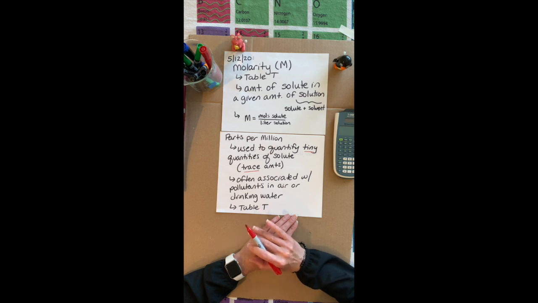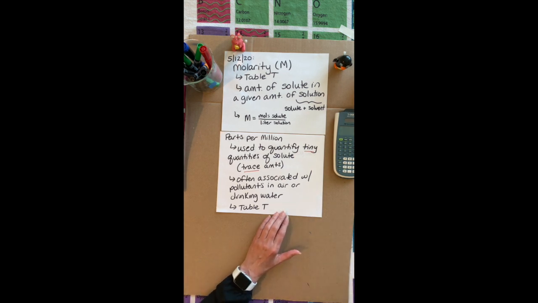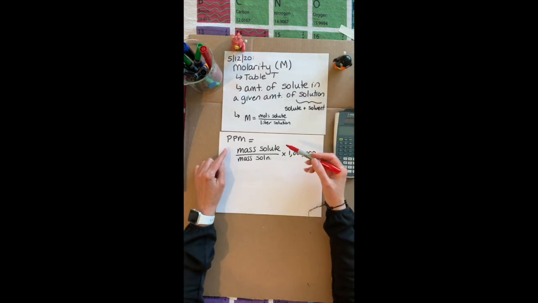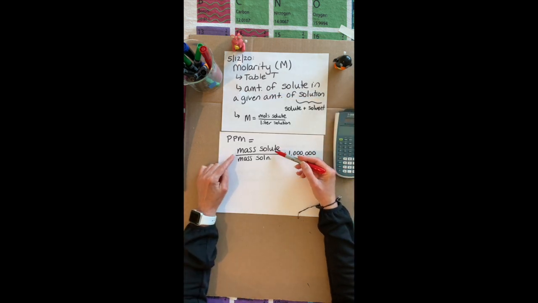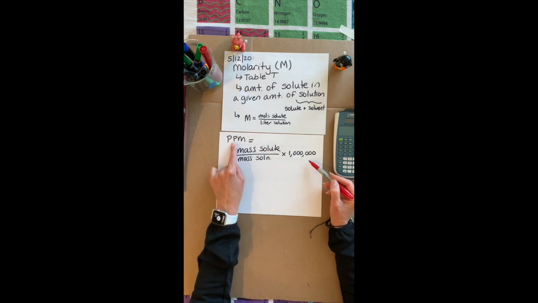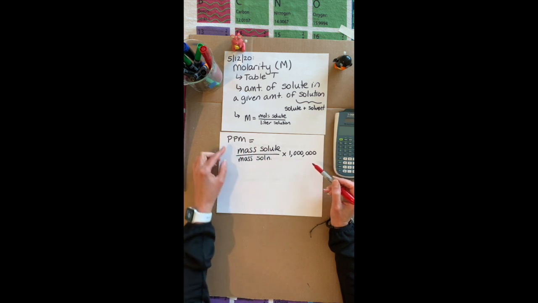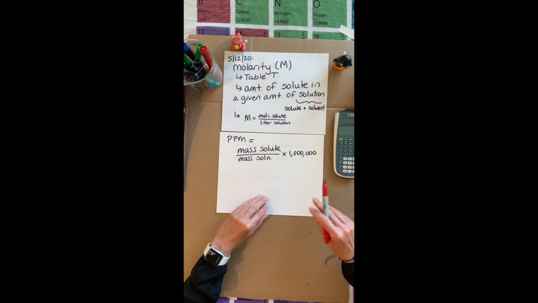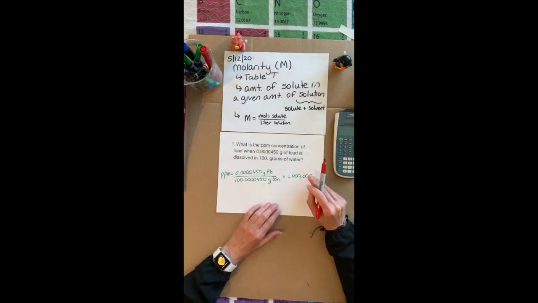There's very small amounts of solute per solvent. This is also found in Table T. In Table T, we see parts per million is the mass of solute per mass of solution times a million, parts per million. If I wanted to do parts per 100, mass of solute over mass of solution times 100. But this is parts per million. It is for very dilute solutions.